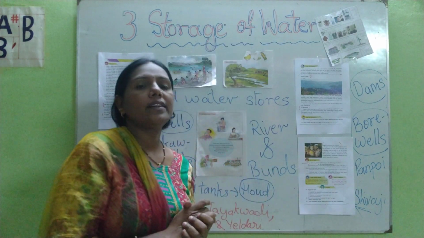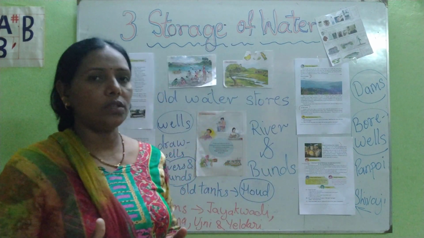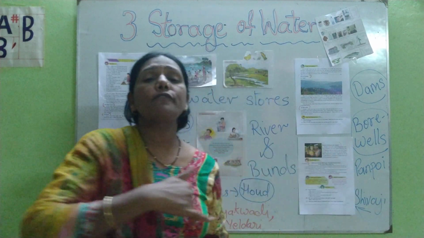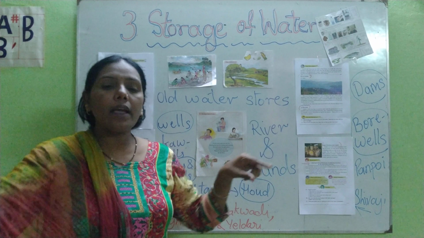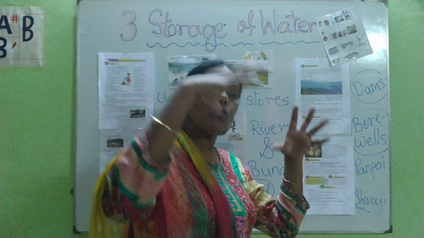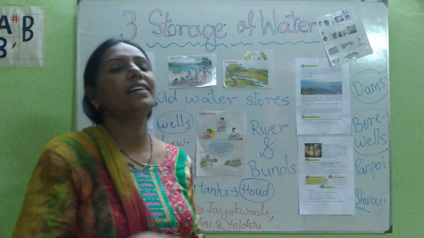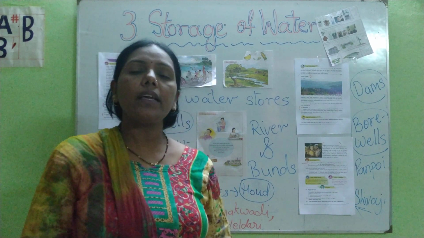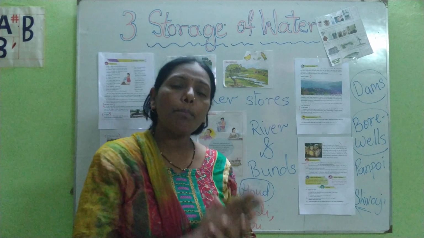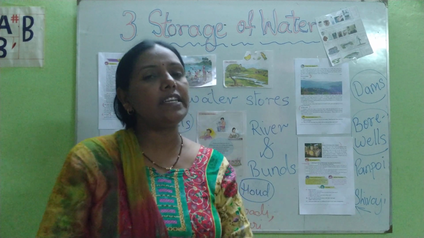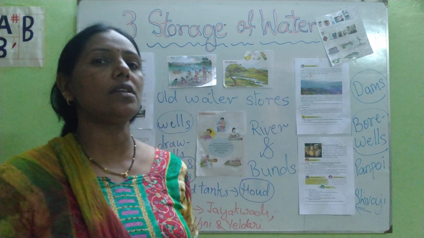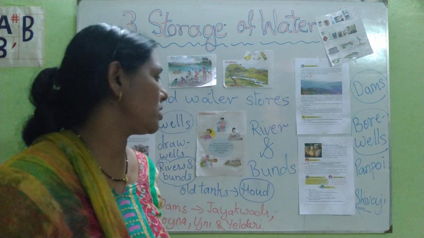Now, tank means what? House. The people used to make a house of stones, dig a big hole in the land, and then the rainwater was collected in that tank. So again, this was a resource made by the people for their personal needs of water. The water was stored throughout the year for them to use.